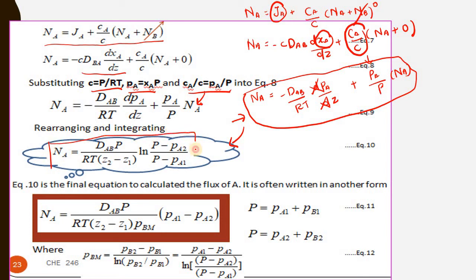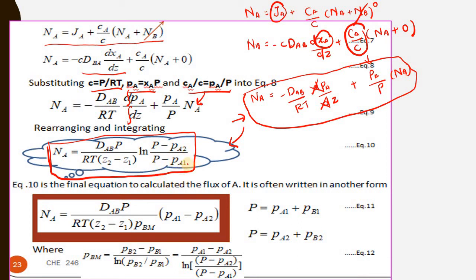This will be the final equation for diffusion of A through non-diffusing B. The equation will be DAB P over RT times Z2 minus Z1, because we already integrated Z and we already integrated P, so it will become ln of the total pressure P minus the partial pressure of A at point 2, over P minus PA1.